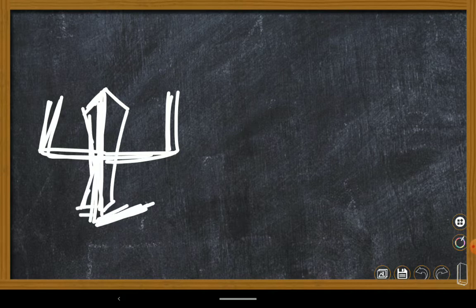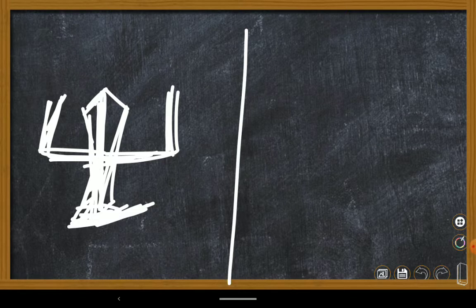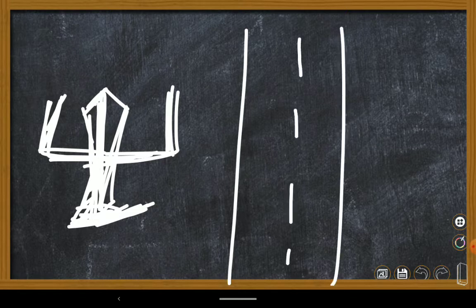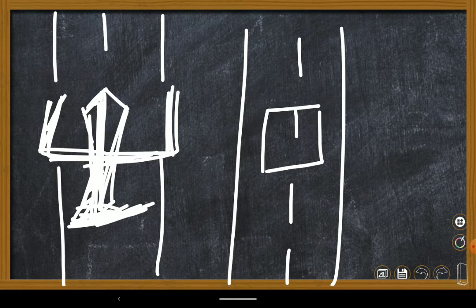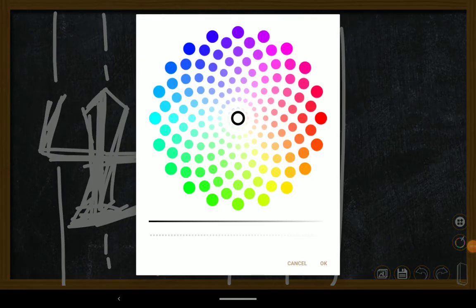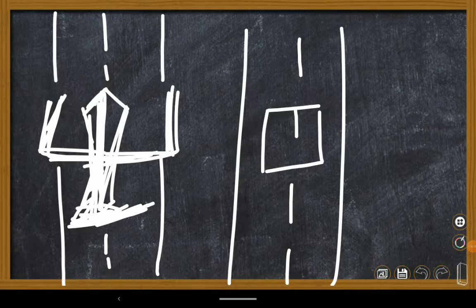Suppose this is the runway, and we have a Ferrari present on the runway, and the airplane is also standing on the runway. Let me change the color of the Ferrari to red.